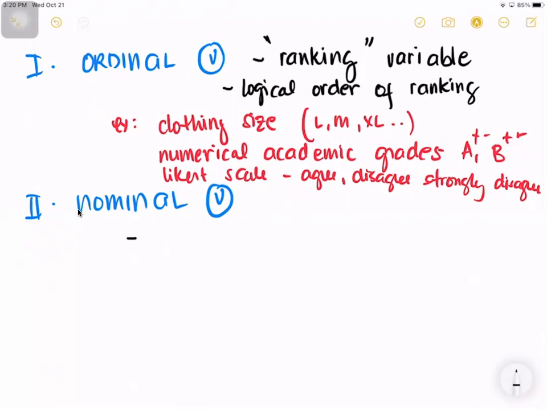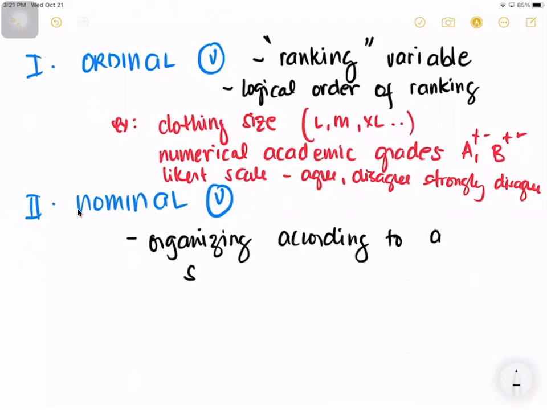Okay, so organizing according to a shared, or not just only one, it could be several. Okay, according to shared characteristics. So that's how we describe your nominal variable.